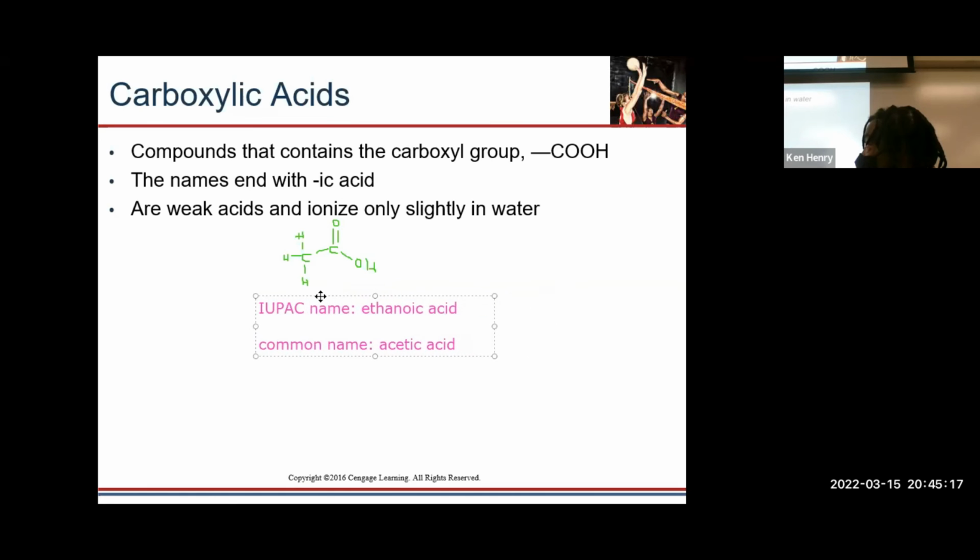Okay, so let me show you what it looks like in terms of the stick structure or the skeletal structure. Okay, so that's what it's going to look like in terms of its skeletal structure.